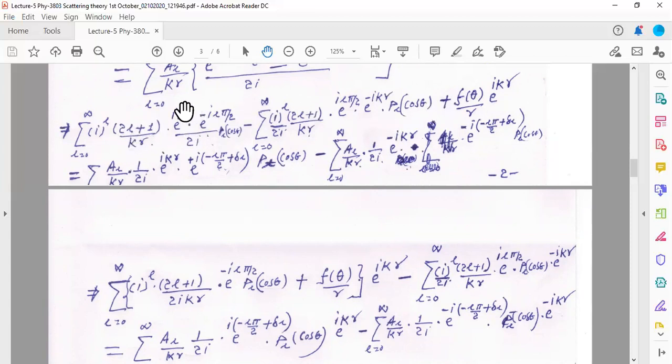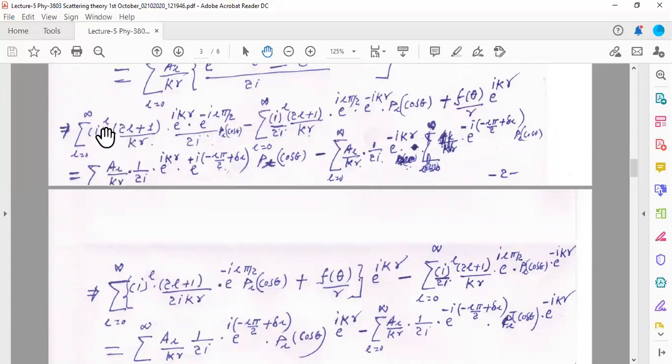So this is the e to the power of ikr term. I can combine these two terms: this is term number 1, this is term number 2, this is term number 3. I'm taking term number 1 and term number 3 together. This is also a sum over L, and this is f theta over r e to the power of ikr. So I'm combining these terms.